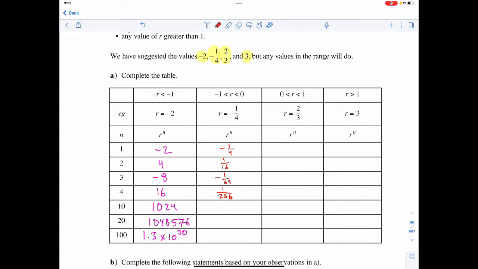To the power of 10 is already getting so small that I have to write it as 9.5 times 10 to the -7. To the power of 20 is going to be 9.1 times 10 to the -13. And if I said it was to the power of 100, I get 6.2 times 10 to the -61, an insanely small number.